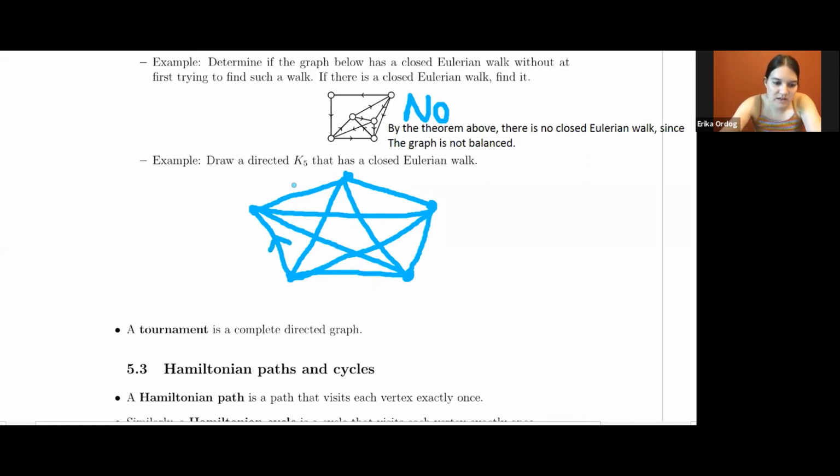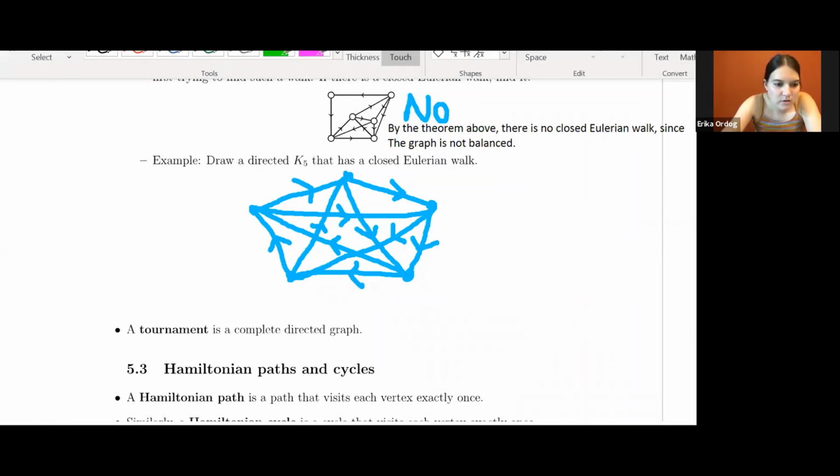So one way of doing it is this. Drawing these arrows here. And then that one. Okay, so where's the closed Eulerian walk?